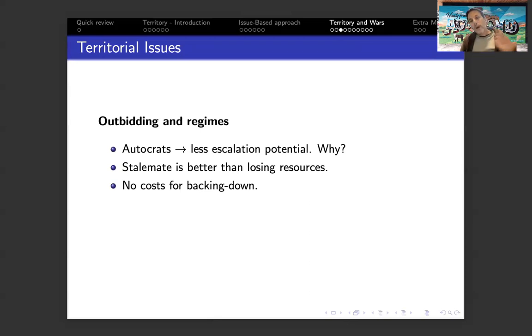Now, when it comes to territory, that means that autocrats will actually emphasize the tangible value of territory, because those are actual resources that can be distributed among the small circle of supporters of the dictator, which will ensure that the leader will remain in office. So outbidding in that context will take the form of elite competition for their own interest, rather than talking about support or any kind of benefits for the entire population.